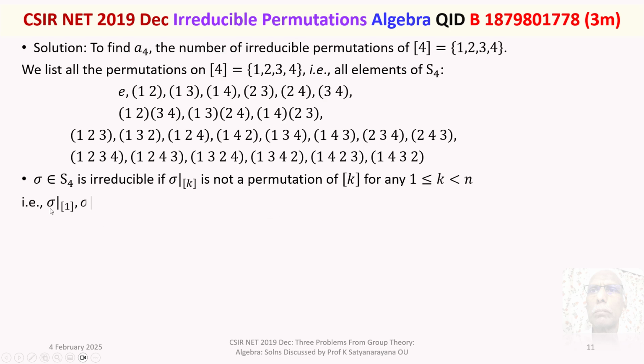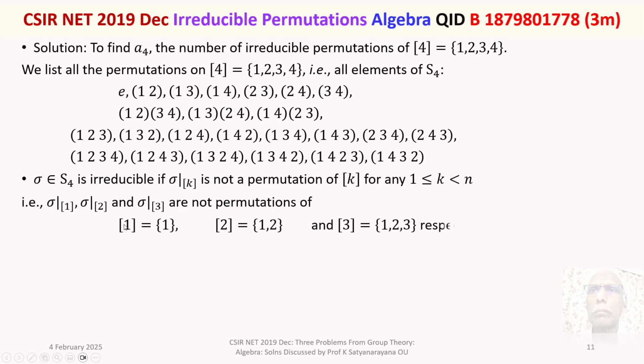That is, sigma restricted to [1], consisting of one element only, and sigma restricted to [2] consisting of elements 1, 2, and sigma restricted to [3], that is 1, 2, 3, are not permutations of [1], [2], [3] respectively, then they are the irreducible permutations.